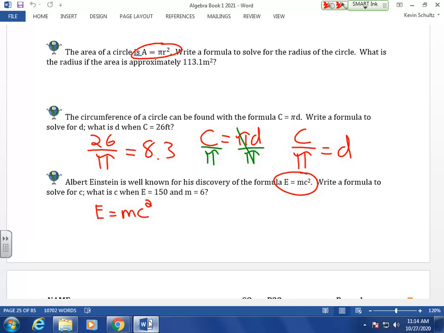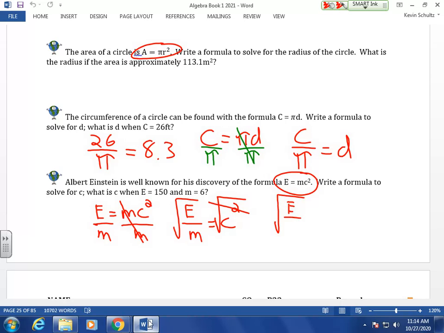So to undo that, we're going to start by dividing both sides by m to, on the right side, cancel them out. And that gives us E divided by m equals c squared. And of course, the opposite of squaring something is rooting something. So we're going to root both sides. Those operations cancel out. And we're left with the square root of E divided by m equals c.